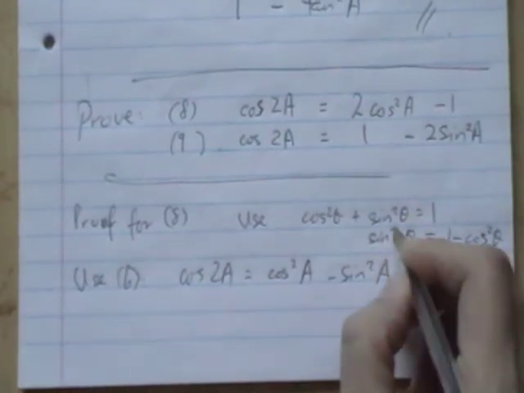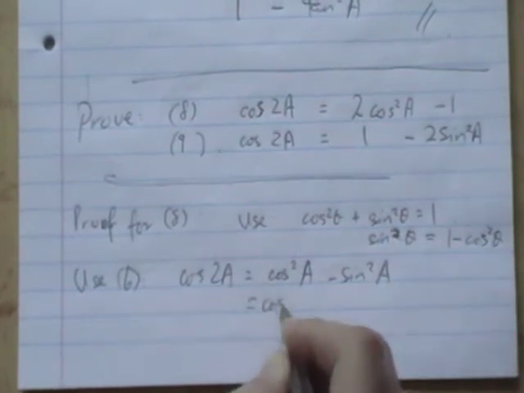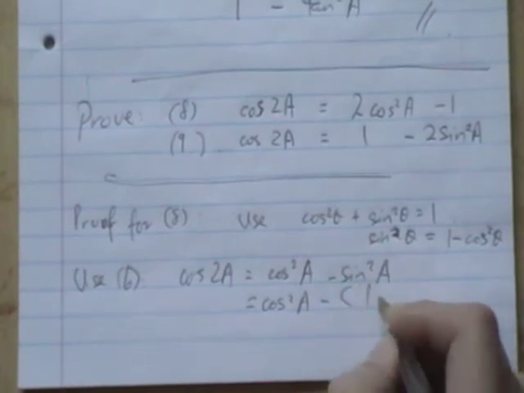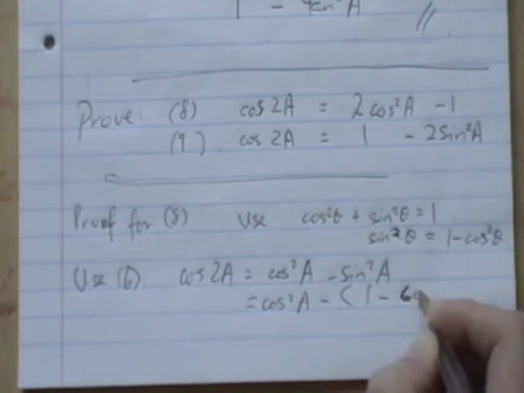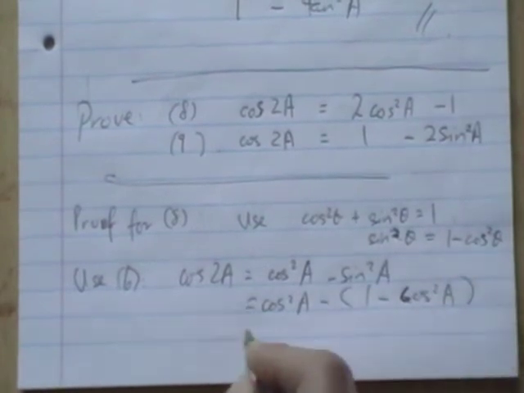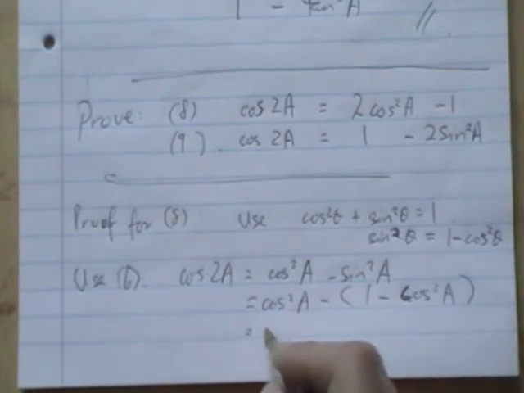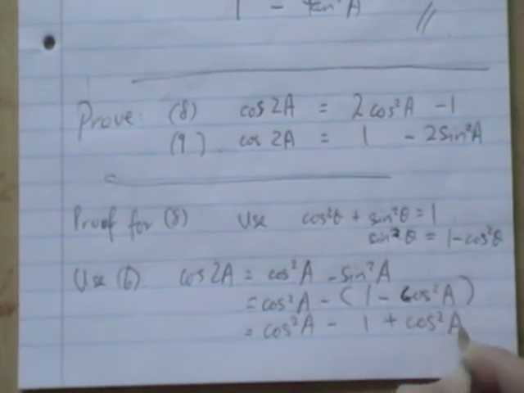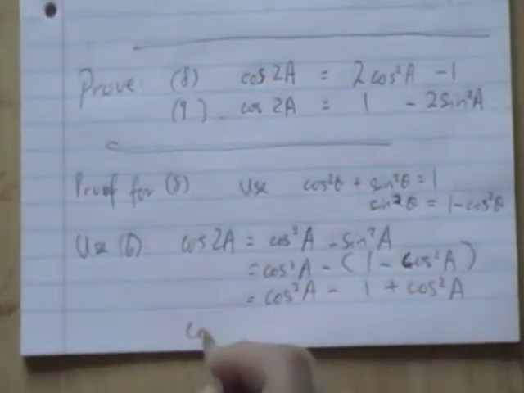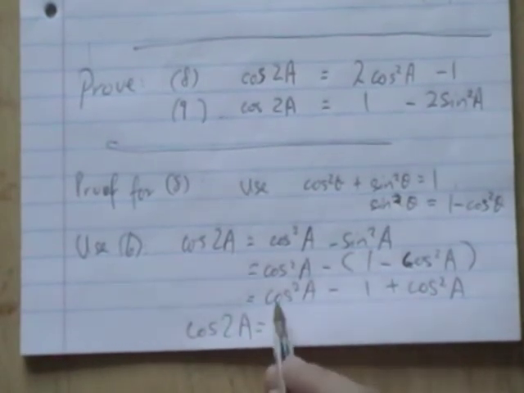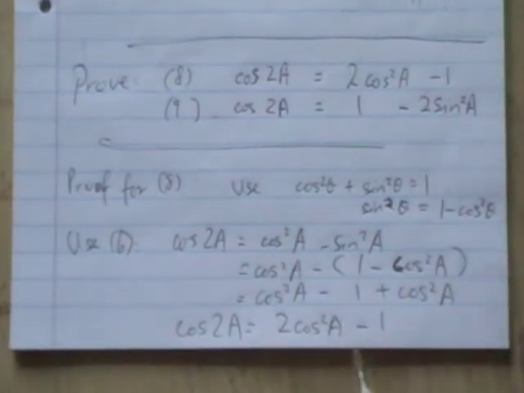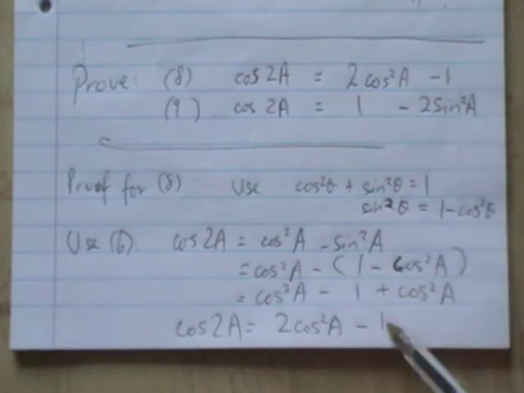So therefore, sine squared a is 1 minus cosine squared a. If I remove the brackets, I get cosine squared a minus 1 plus cosine squared a. So finally, cosine squared a plus cosine squared a is 2 cosine squared a minus 1. You now compare this with this, you see that they are the same. So this completes the proof.